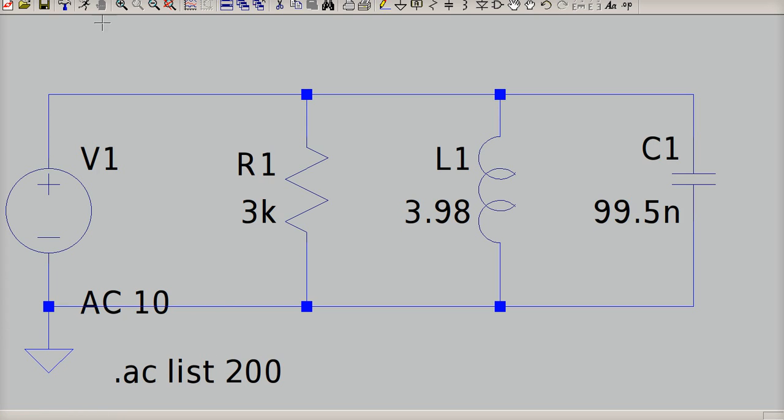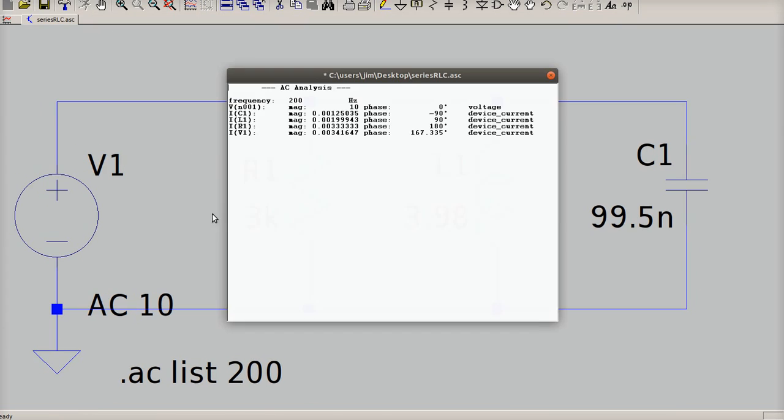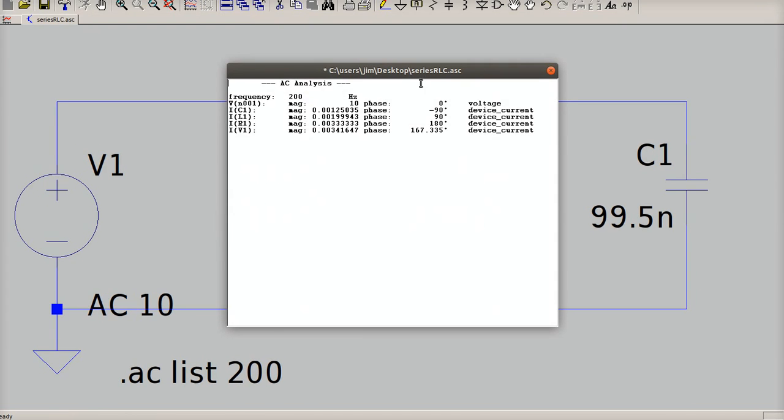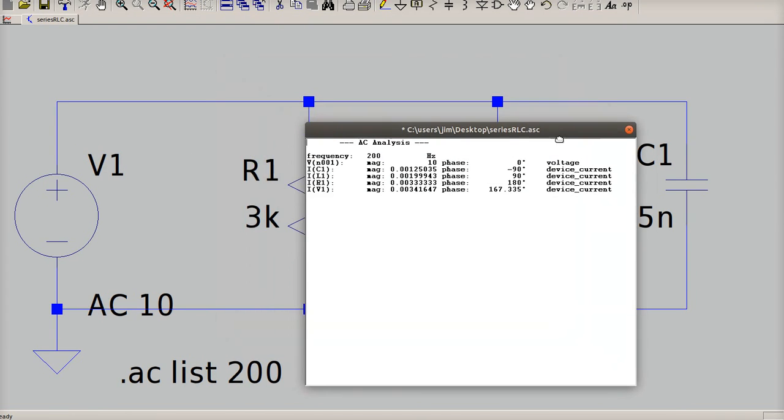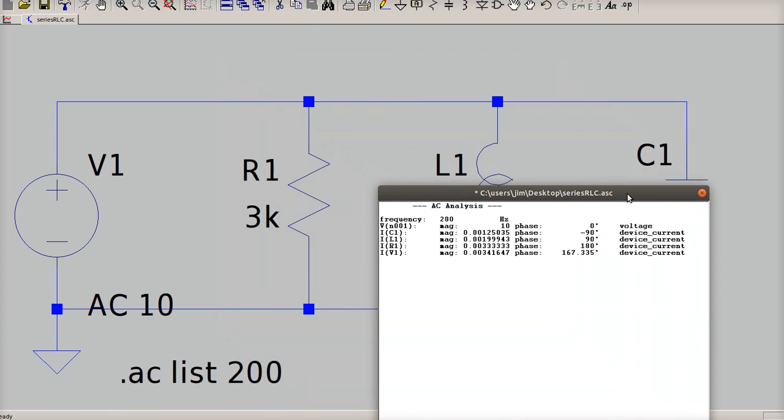So let's remember that, and we'll go to LTSpice, and we should just be able to tell Spice to solve it. And my current comes out to be 0.0034167 at an angle of 167. Okay, well, 167 is about minus 13.